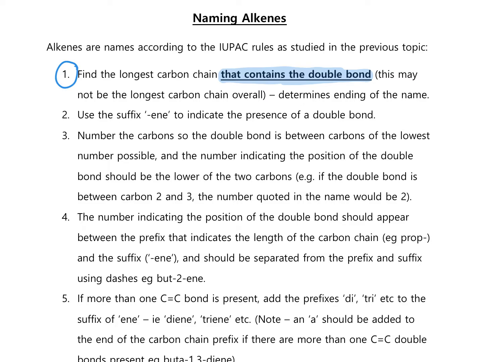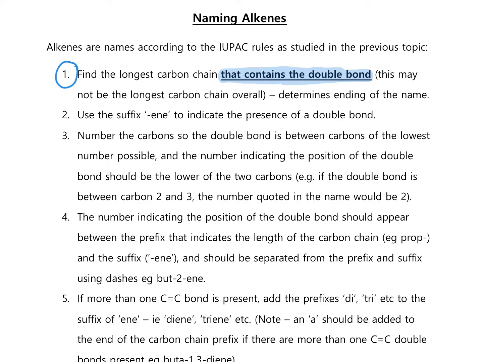You choose the longest carbon chain that contains the double bond, even if that means choosing a slightly shorter chain overall. So if you had 6 carbons in a row that didn't contain a double bond versus 5 that did contain the double bond, you always choose the one that contains the double bond. So the carbon chain that you're picking at the start must contain the double bond.